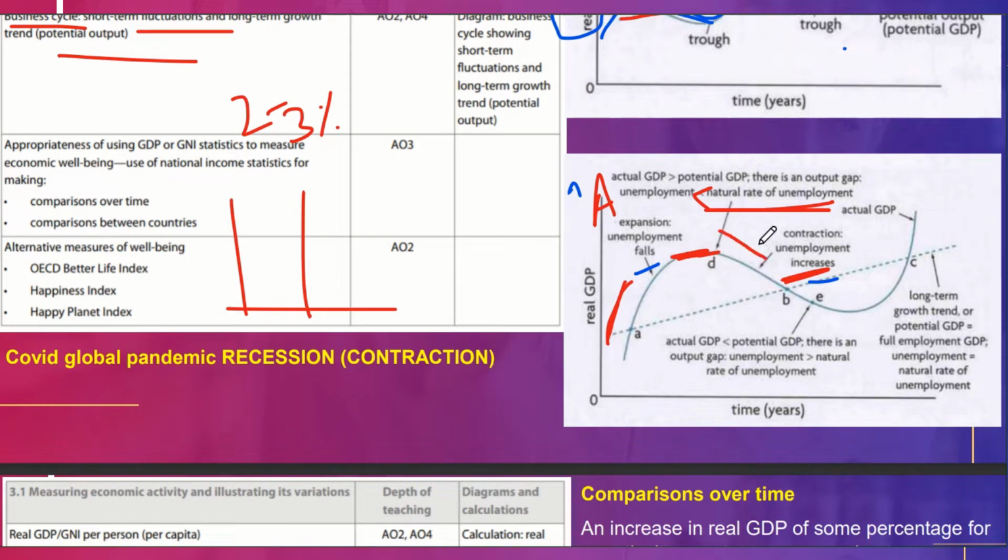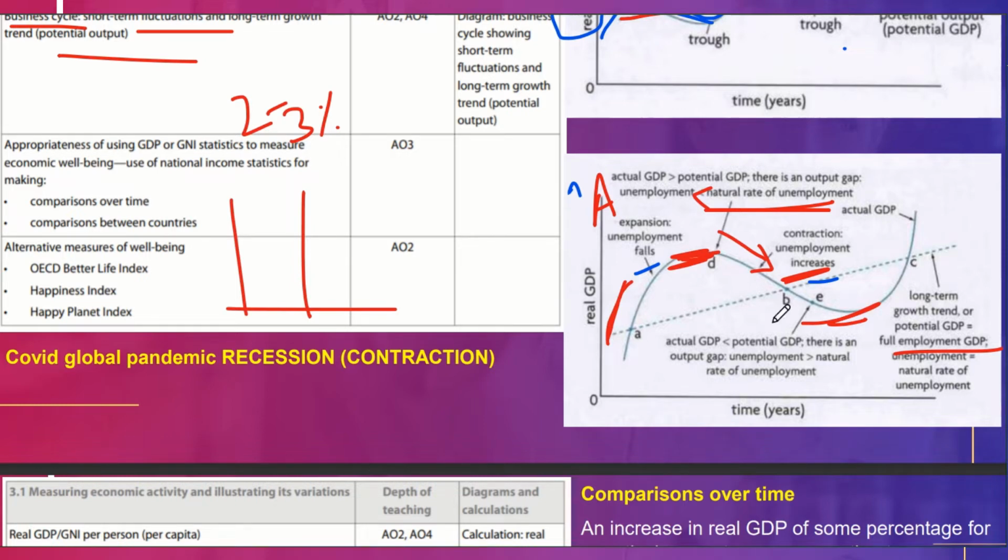When the GDP falls, unemployment starts to increase, right? During the peak, actual unemployment is lower than the natural unemployment, and during the trough, actual unemployment is greater than the natural rate of unemployment. So in long term growth, actual GDP equals potential GDP, which equals full employment GDP, and unemployment equals the natural rate of unemployment.